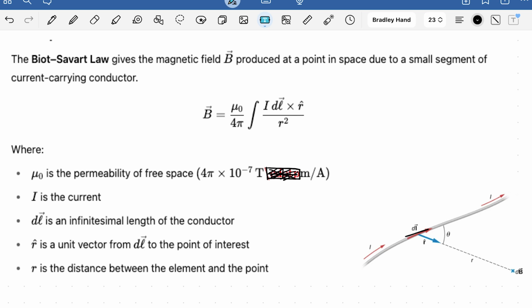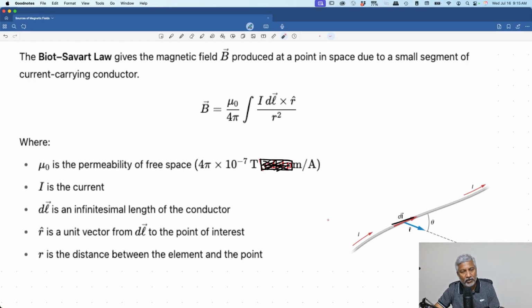R, again, is the unit vector from dl to the point of interest. And r is the distance between the element and the point. So this is Biot-Savart law. We can apply this law and use calculus to find the total magnetic field due to any shape. And we would be using this to find the magnetic field due to a circular coil later on.